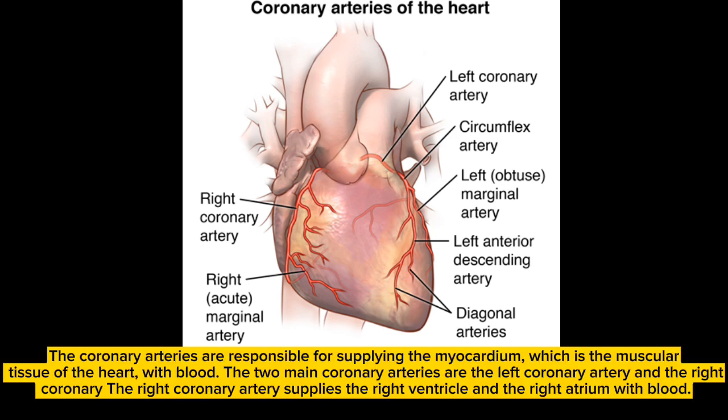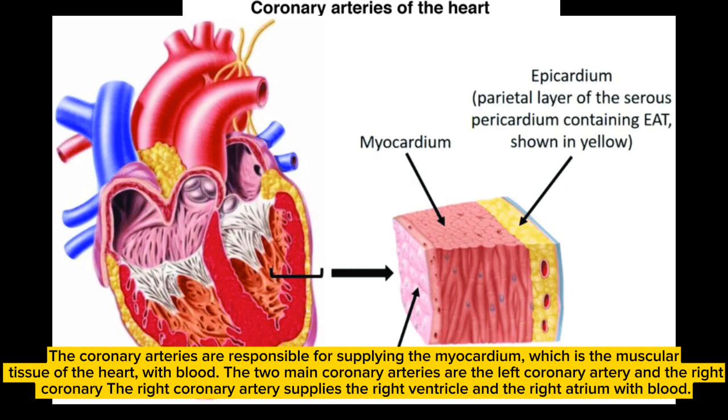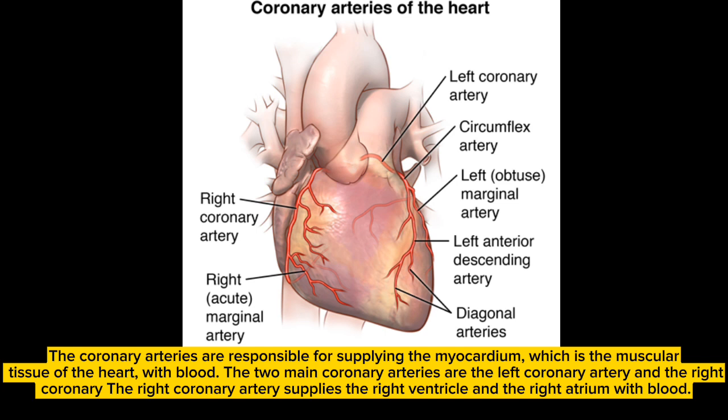The anatomy of the heart. The coronary arteries are responsible for supplying the myocardium, which is the muscular tissue of the heart, with blood. The two main coronary arteries are the left coronary artery and the right coronary artery. The right coronary artery supplies the right ventricle and the right atrium with blood.